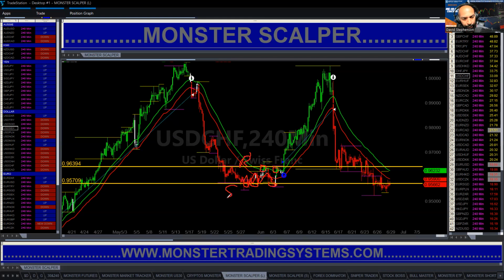I need a different color. It looks all the same here. Here was our big buy-in that came in here. That big candle right here, which started all the way here and closed right here. Okay, this is our buy right here. Now here, this is the candle right here, and I know it's hard to see.